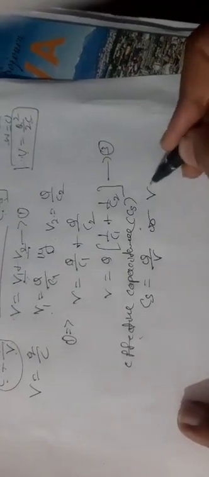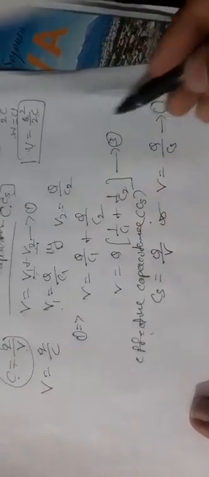By using the basic definition of capacitance in the second diagram, CS is equal to Q by V, the charge is Q and the potential difference is V, or V is equal to Q by CS. That is equation number 2. The effective capacitance means the group of capacitors is replaced by a single capacitance.